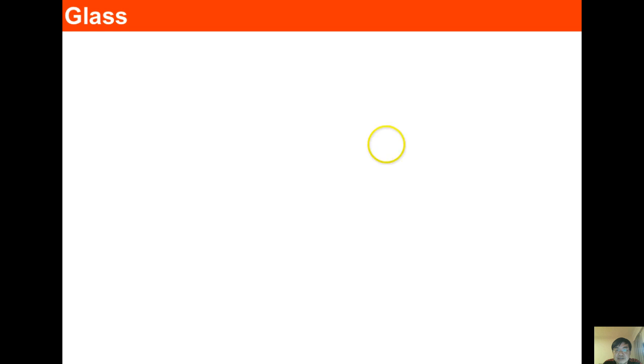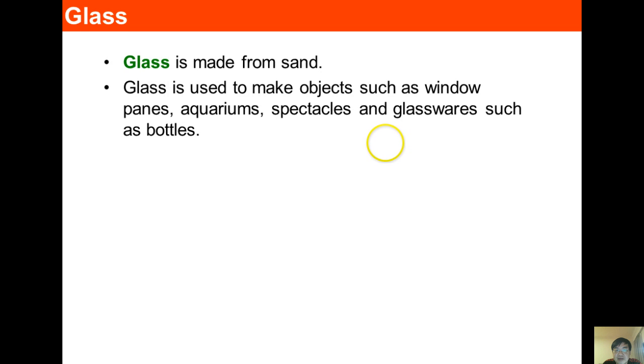Next we have glass. Take a look. Glass is made from sand. Glass is used to make objects such as window panes. There are many window panes in our classrooms, aquariums, spectacles, and glassware such as bottles.